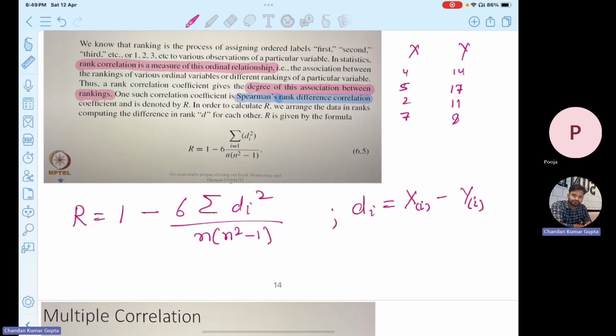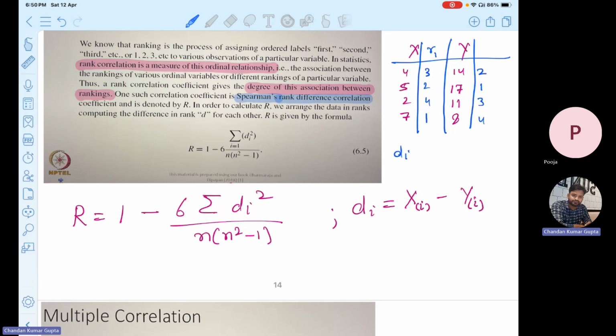We assign ranks to those numbers. The rank 1 is for 7 because 7 is the greatest number, then 2, then 3, then 4. So it's the ranking R1, or XR1; we can use any notation. For y, the first rank is for 17, then 14, then this, and then this.